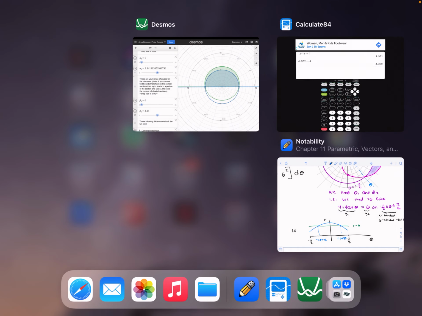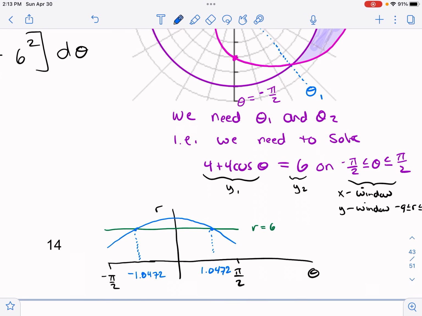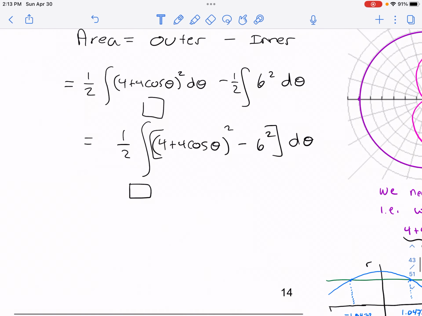We'll do 1/2 the integral from A to B of y1 squared minus y2 squared. I'm going to insert a 0.5 in here.